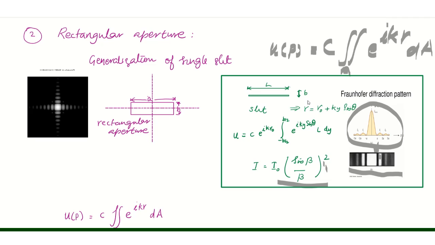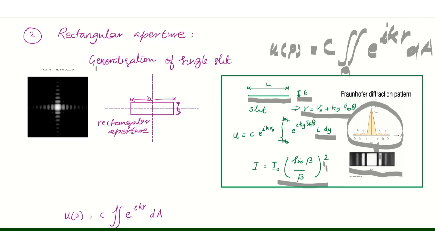You substituted for the dA, that was L dy, then r was r0 plus y sine theta, and also this was a thin slit, just a length of L and a small breadth or height as B. Now we consider the second example, that's a rectangular aperture.